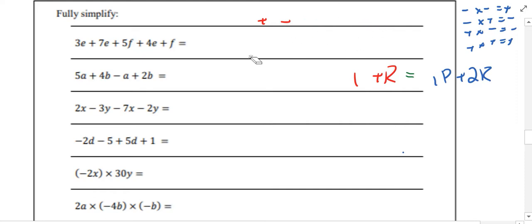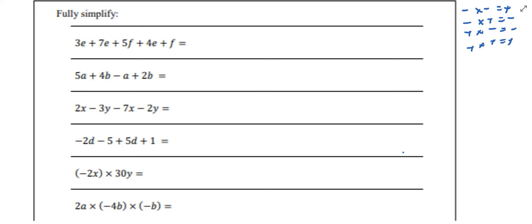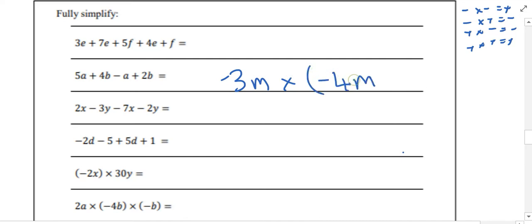Let's try a more difficult one. Let's do negative 3m multiplied by negative 4m. Okay, so we've got a negative multiplied by a negative, which we know is a positive. 3 times 4 is 12, and we've got m multiplied by m.